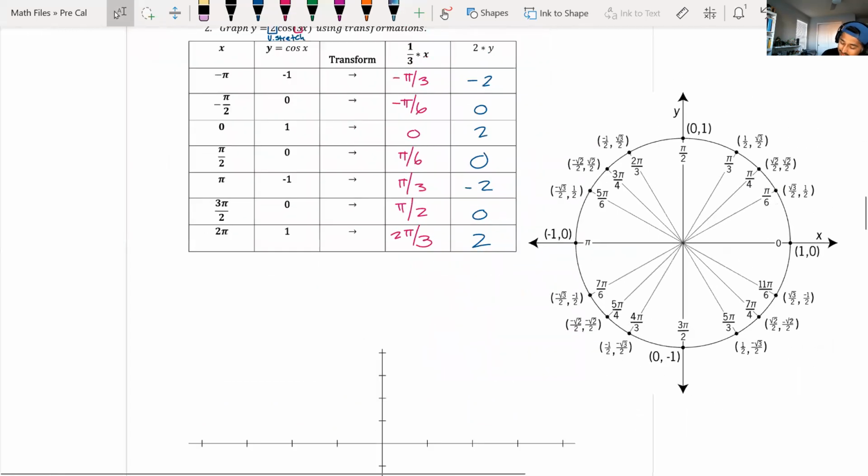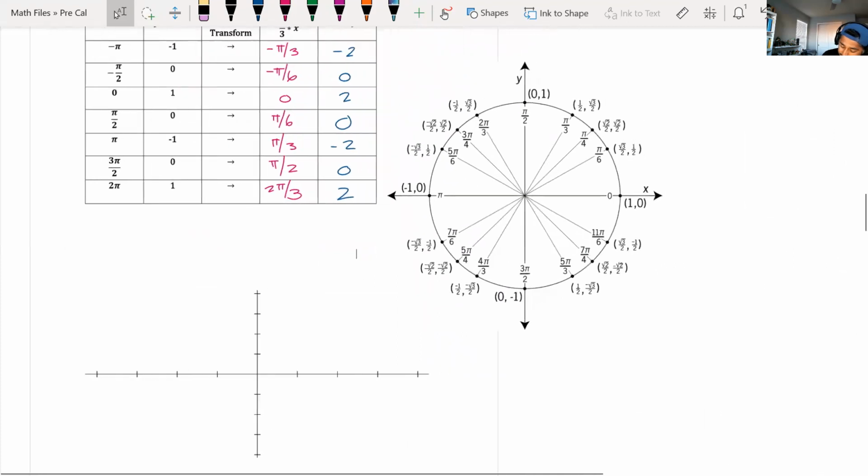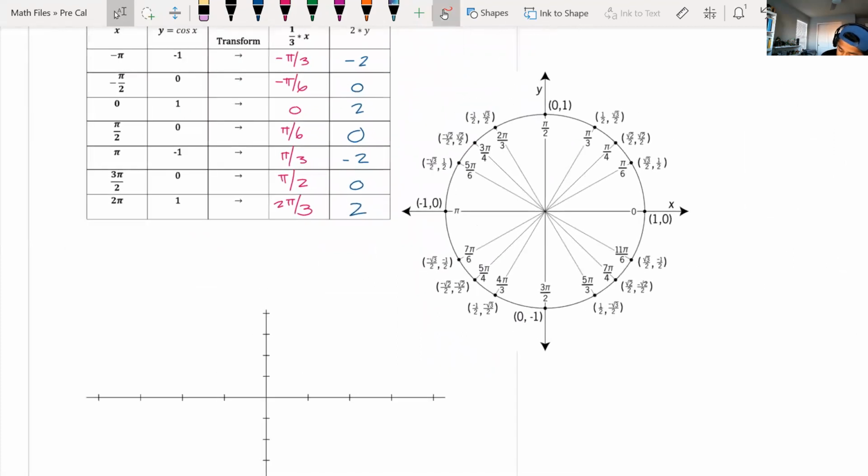All right. Let's go ahead and plot. So now this is going to be negative pi over 3, negative pi over 6, 0, pi over 6, pi over 3, pi over 2, and 2 pi over 3. And this will be negative 2 pi over 3 and negative pi over 2.